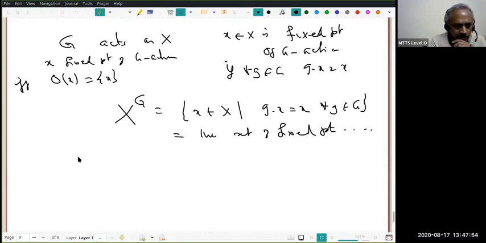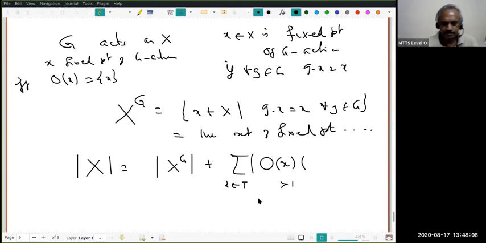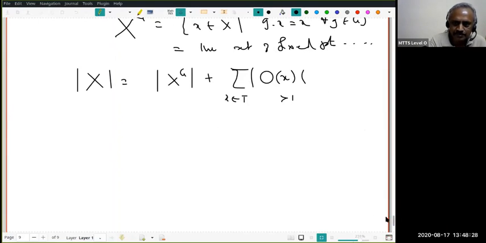Therefore, our pattern looks like this: some X, where X varies over T, and each of these orbits has more than one element. You understood that? Then we said P divides this on the left side, P divides each of the summands on the right side. Therefore, P should divide mod X^G, that is, fixed points of the G action. Not X mod G, X power G. This is just a notation. Do all of you agree with that?